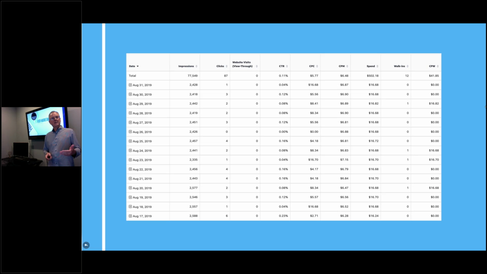Walk-ins are how many people saw the ad that were tagged at their competitor's location, saw our customer's ad, and walked into one of our customers' locations. So we had 12 people. The cost for each of those, cost per walk-in in the right side column there, $41.85.